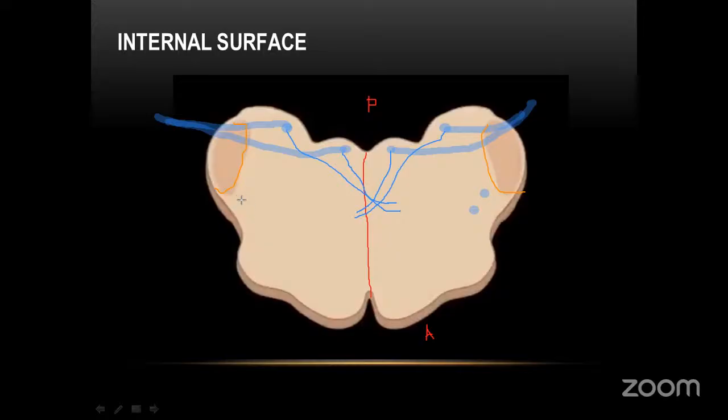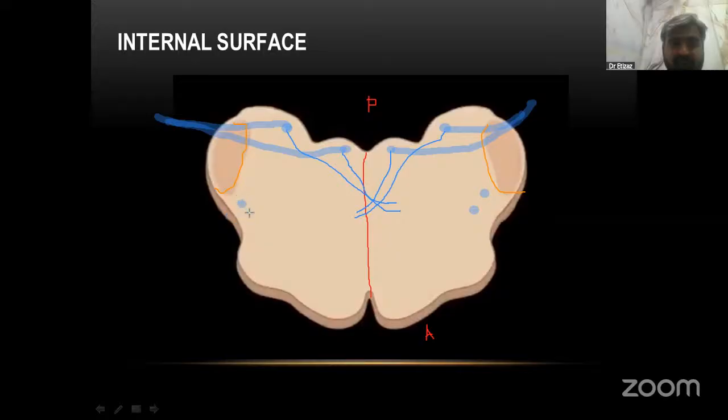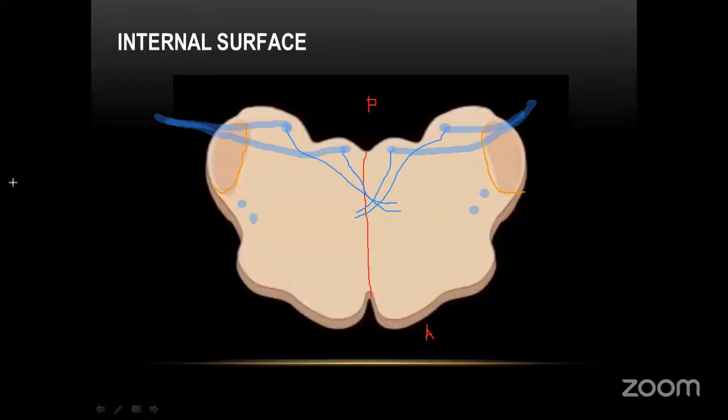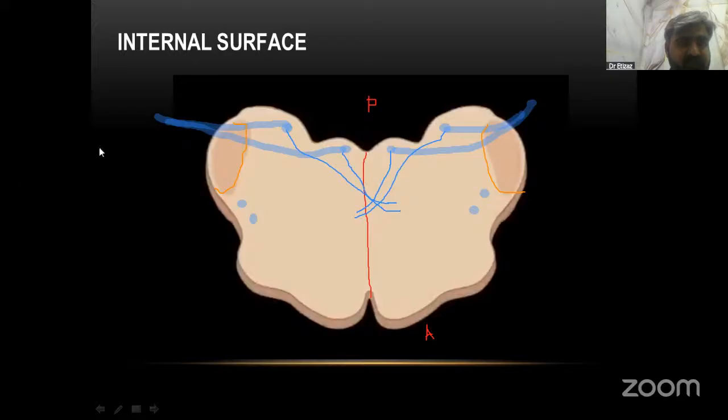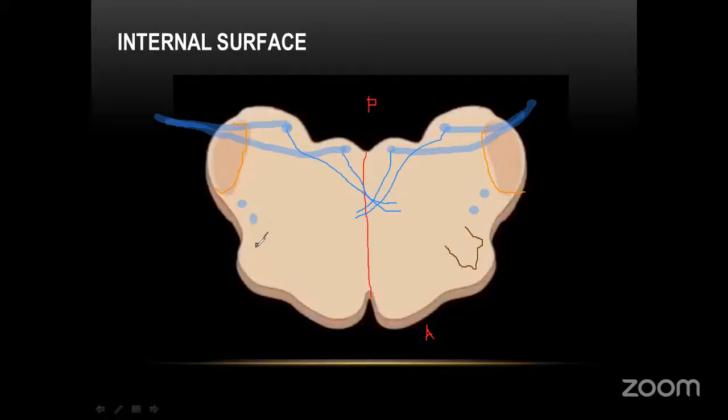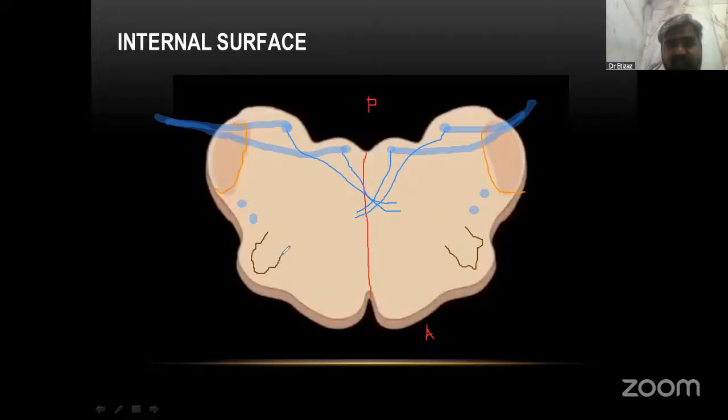Anterior and posterior spinocerebellar. How many spinocerebellar tracts are there? Anterior and posterior spinocerebellar tract. Okay. So the anterior and posterior spinocerebellar tract.